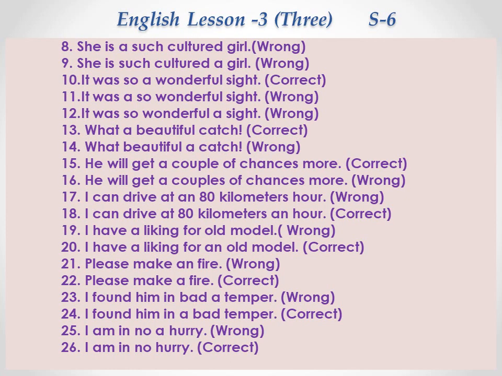Here are sentence number 8 to sentence number 26, where if the sentence is wrong, the same is mentioned in the bracket in front of each sentence. And if the sentence is correct, then the word correct is placed in front of each sentence. And for a wrong sentence, we have given the alternative correct sentence below the same sentence.